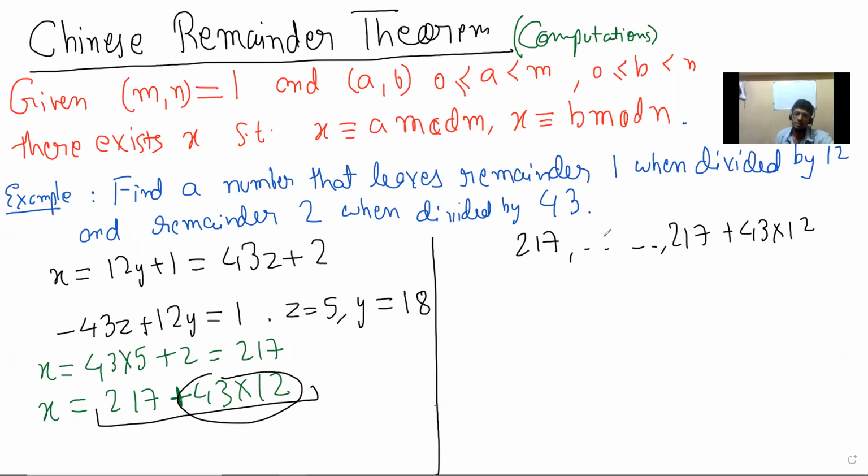Is the question to everyone? So x equal to 12y plus 1 is a solution. x equal to 217 is a solution. And then x equal to 217 plus 43 into 12 is a solution. We want to say that nothing in between is a solution, meaning nothing in between satisfies those remainder properties.